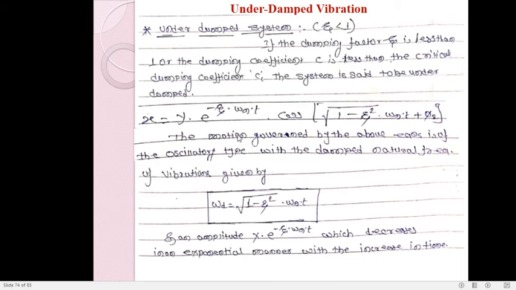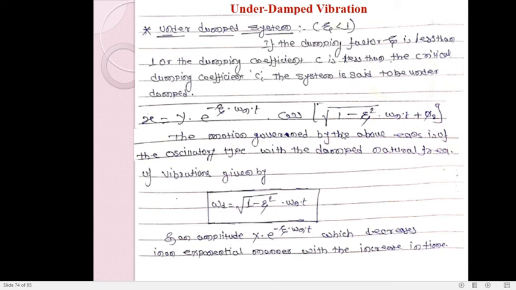With that, we can say that this value, square root of 1 minus xi squared into omega n, is nothing but the frequency of vibration.